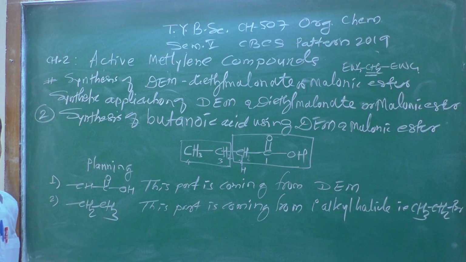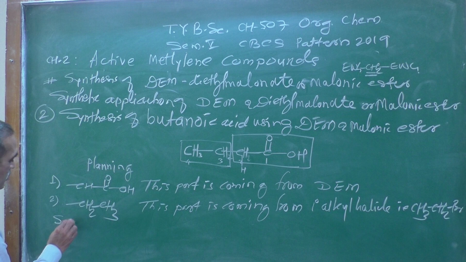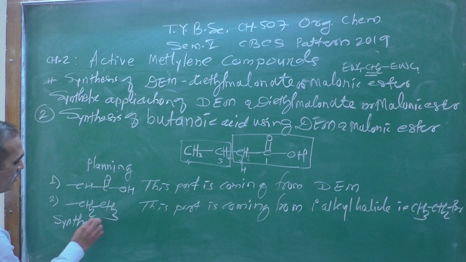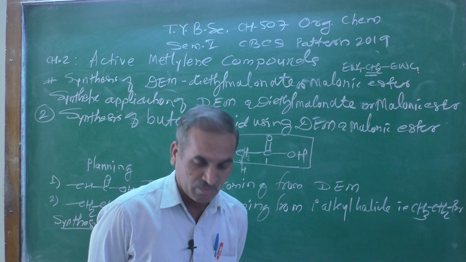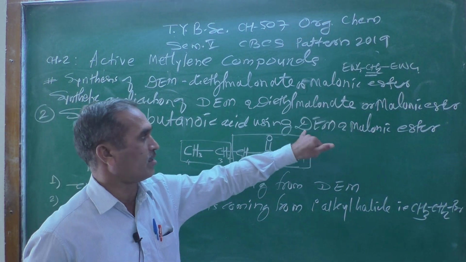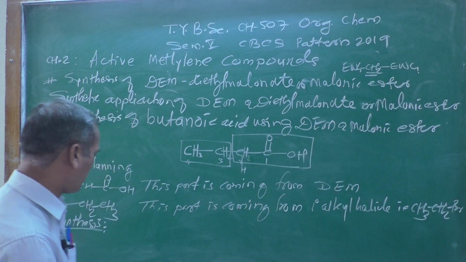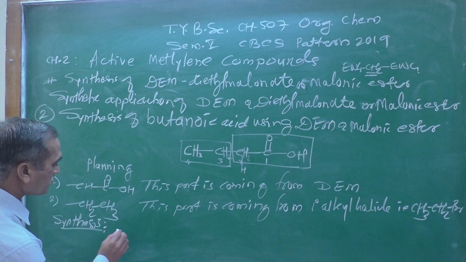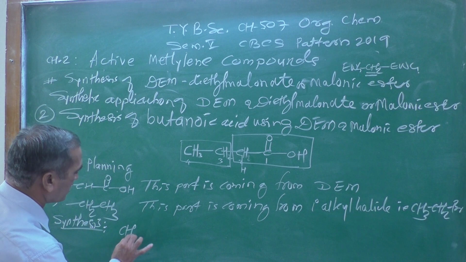After the proper planning, the next point will be the synthesis. During the synthesis, they have provided us the starting material, which is DEM or malonic ester. See here the structure of malonic ester.